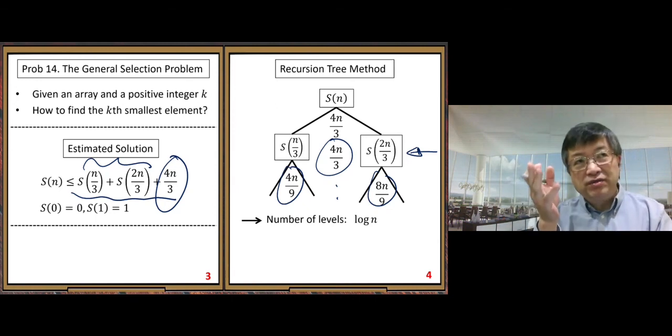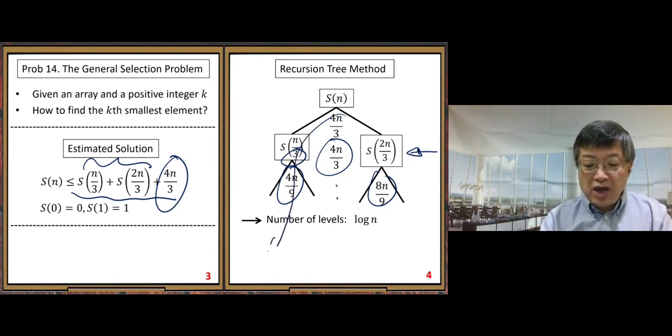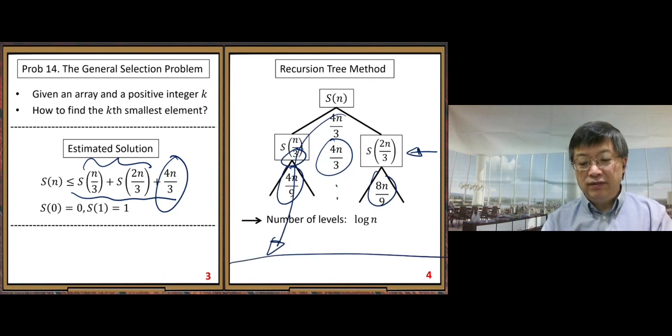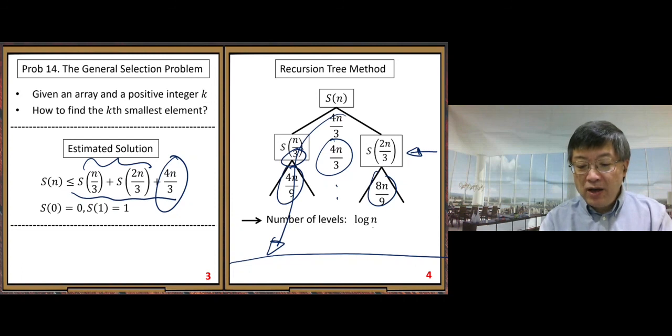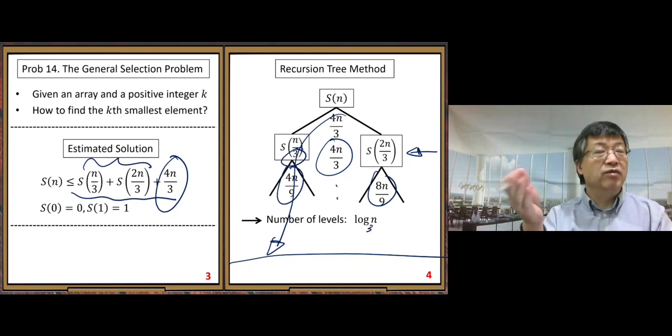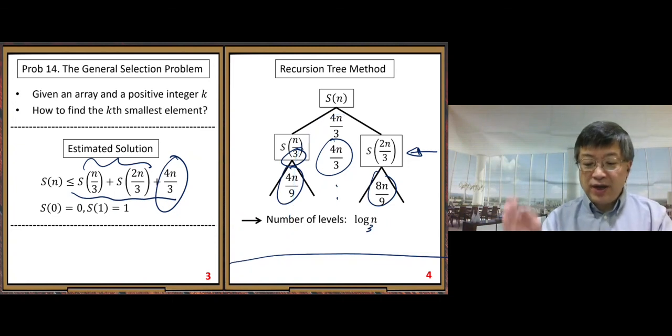You divide the problem size by a constant, so it's a log function. Although here we also multiply by 2, we just use this branch to estimate the bottom level. So log base 3 of n, you will reach the bottom. So it's a log function.